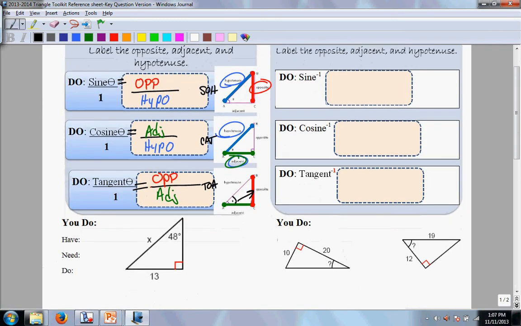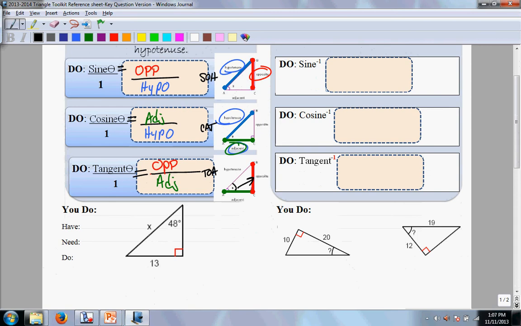For example, right here, in this diagram, first we're going to label opposite, adjacent, and hypo. So from our 48, that 13 is going to be opposite. And this x is going to be our hypo. Then this side is our adjacent.